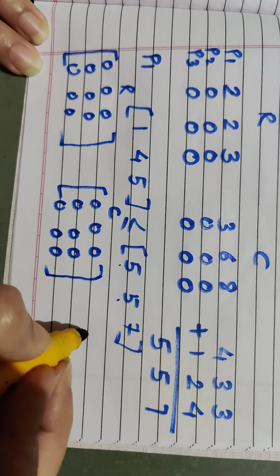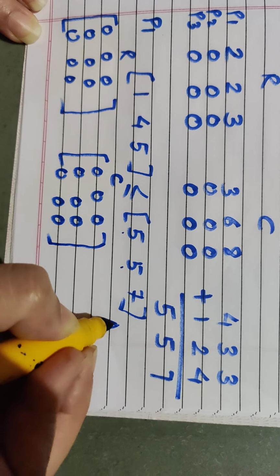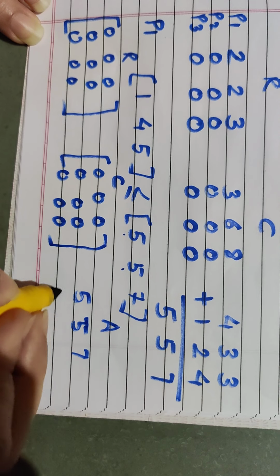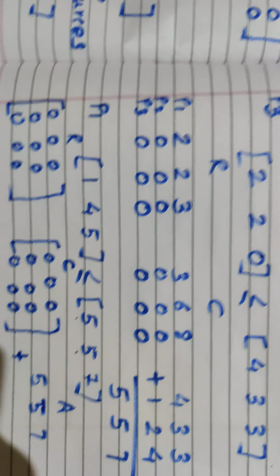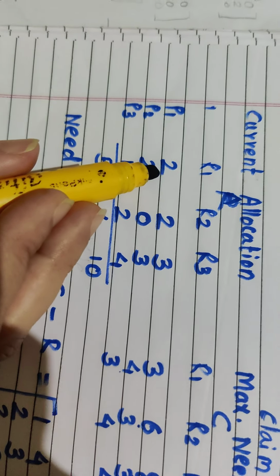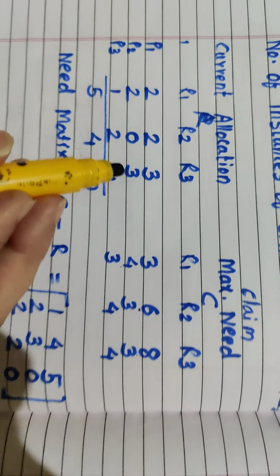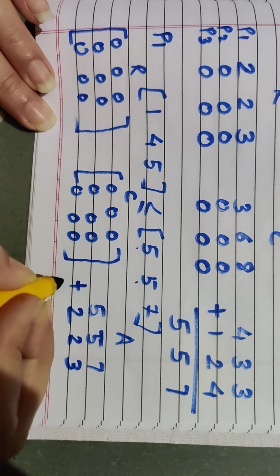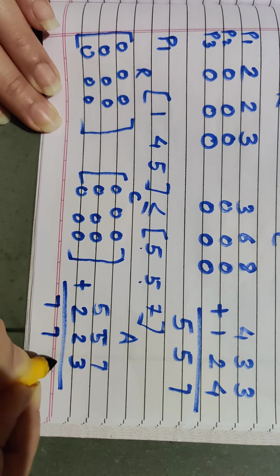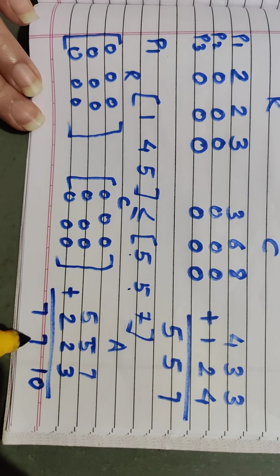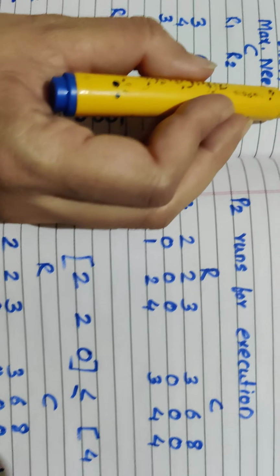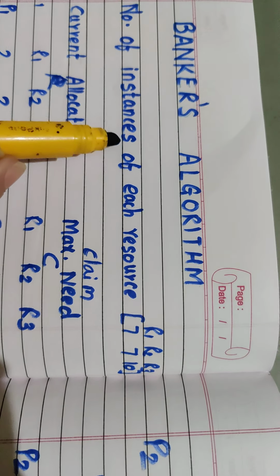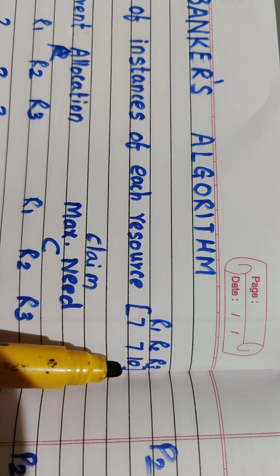And the available matrix, that was what? 5, 5, 7, and whatever was allocated to P1, which is 2, 2, 3, will be added here. So it will become 7, 7, 10. Now this 7, 7, 10 should match the total number of instances of each resource, that is 7, 7, 10.